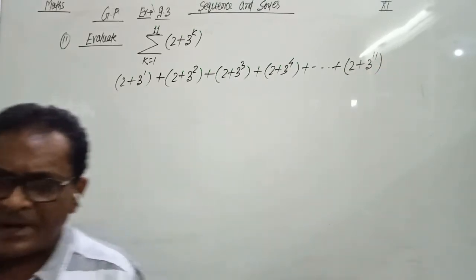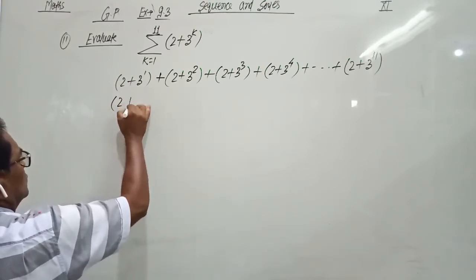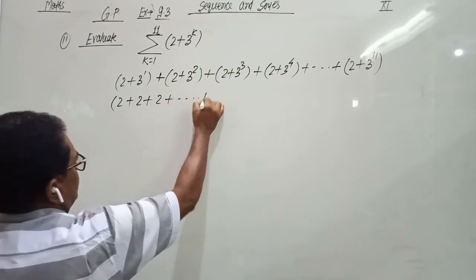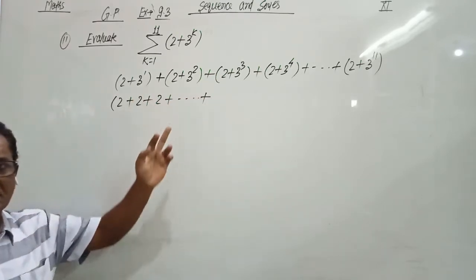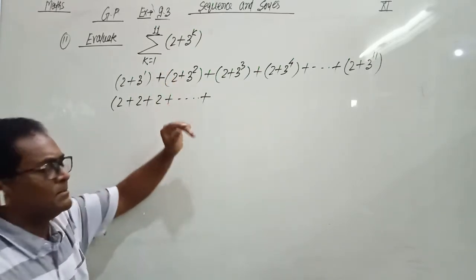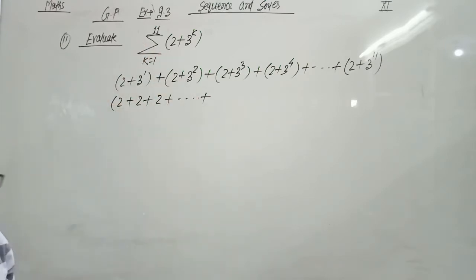Now we separate the terms. 2 plus 2 plus 2, the 2 will be separated, and this 2 comes 11 times, because there are a total of 11 terms, starting from 1 to 11.